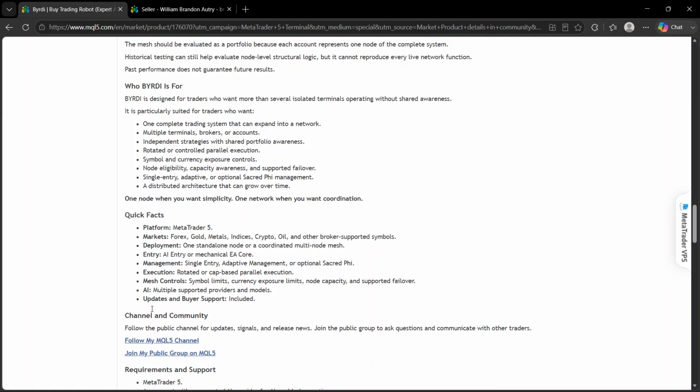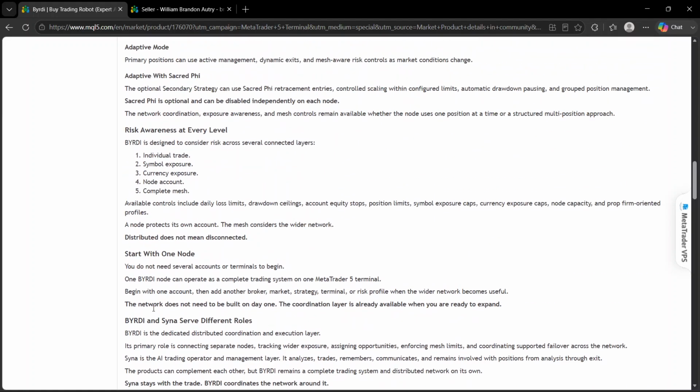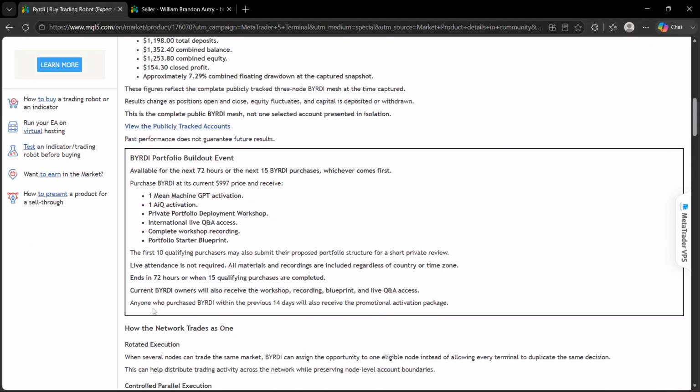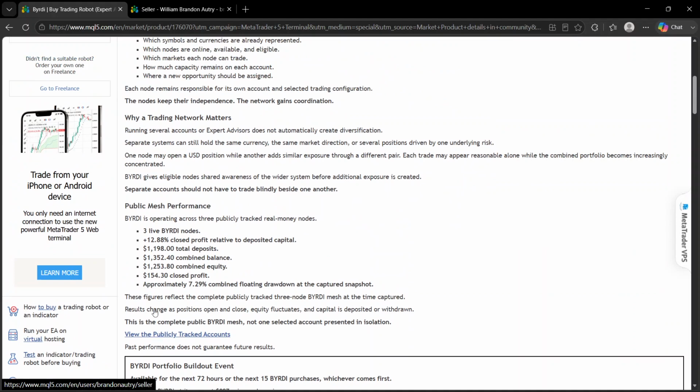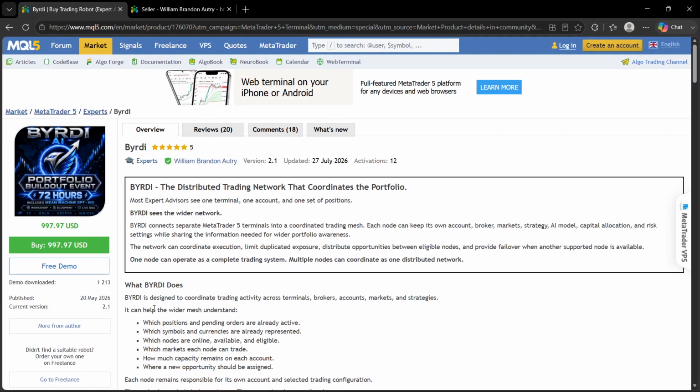Compared to what a lot of sellers put up, the transparency on the full mesh is better than average, but the absolute numbers are still small. Few larger losers and the percentage moves around quickly. The developer does flag that Sacred Phi can increase exposure, floating drawdown, margin usage, and holding time when price moves against the first entry, and that is important to keep in mind.